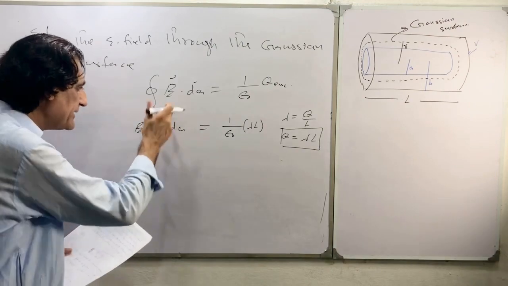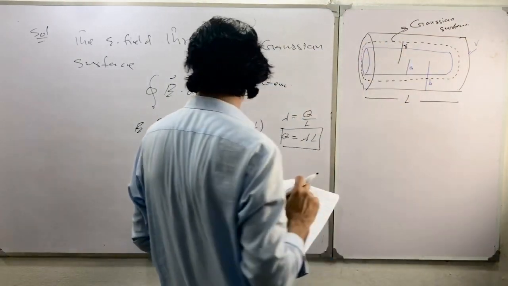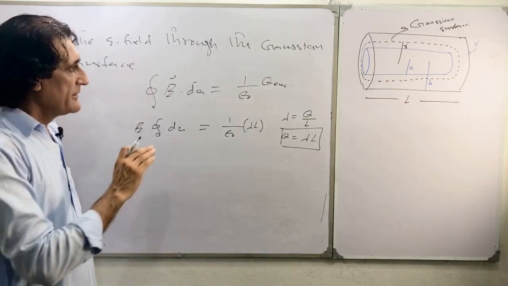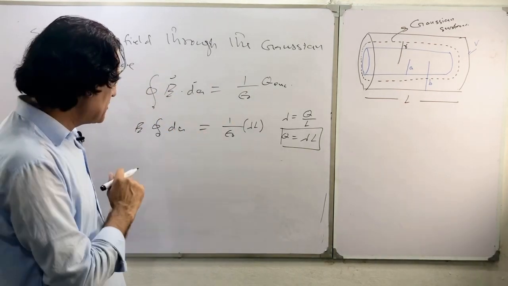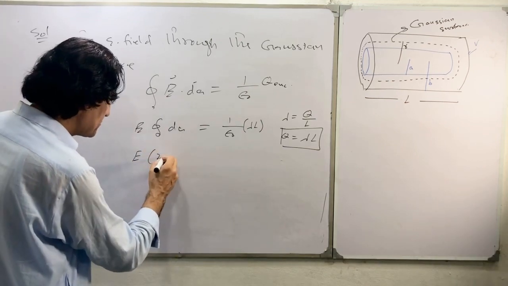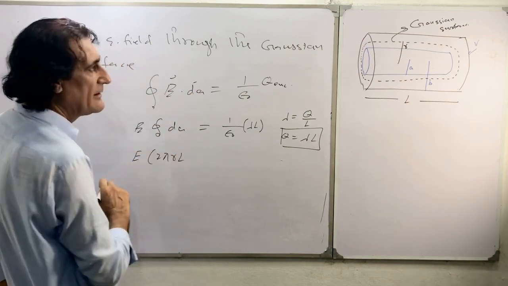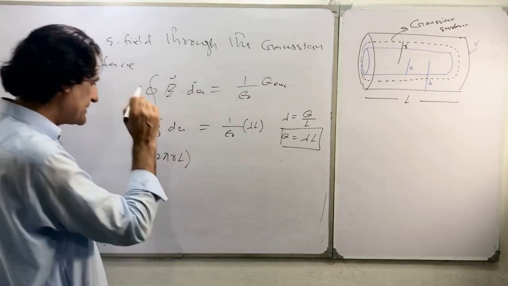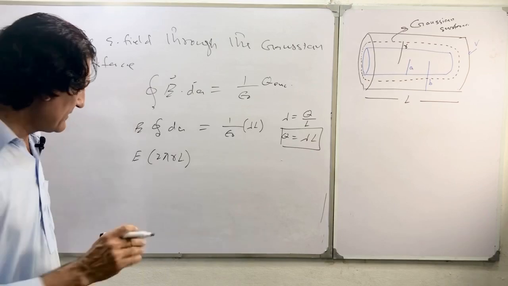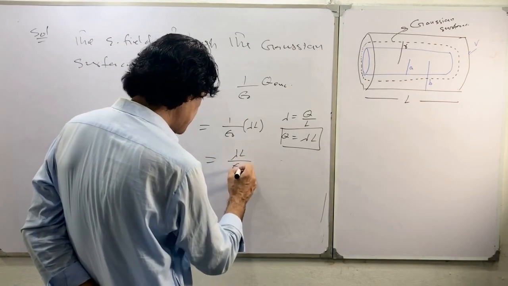And what is the area of this Gaussian surface? This is actually a cylindrical shape, so the area must be 2 pi r L. Then lambda L divided by epsilon naught.